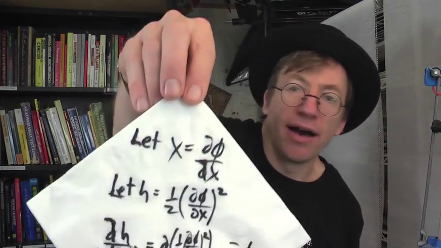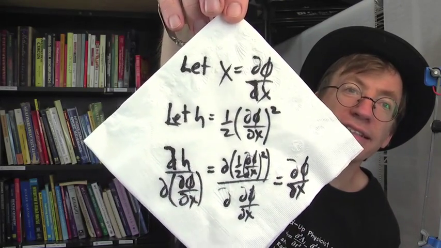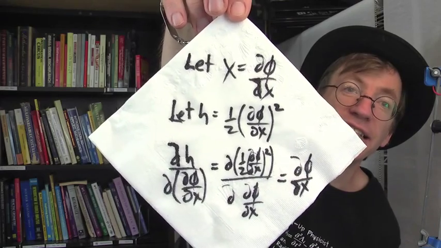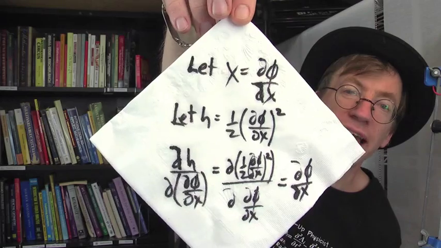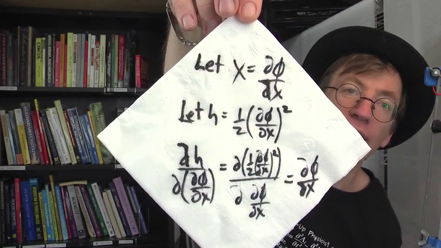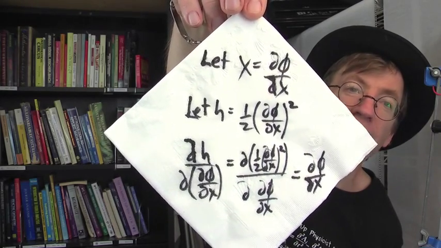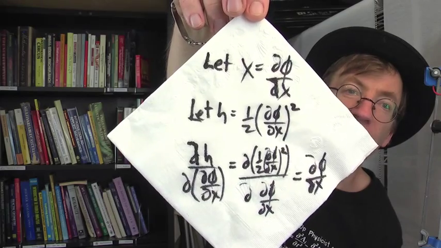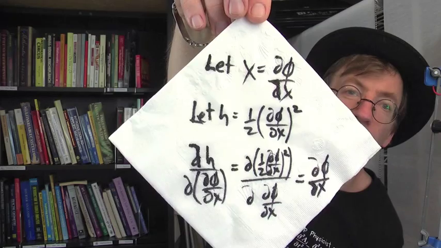So let me just show you an example of that. Here we go. All right, so here x equals d phi dx, all right? And we've got this function h, which we're saying is 1/2 d phi dx squared. And so now I want to take the derivative of the h thing, which has got all that stuff in it, with respect to something that's really kind of the stuff.